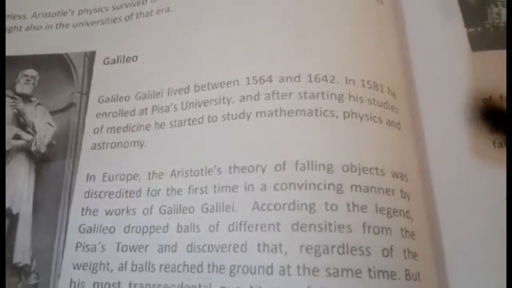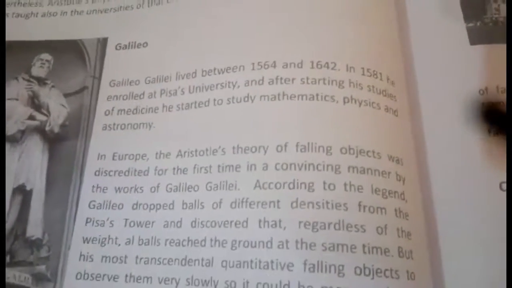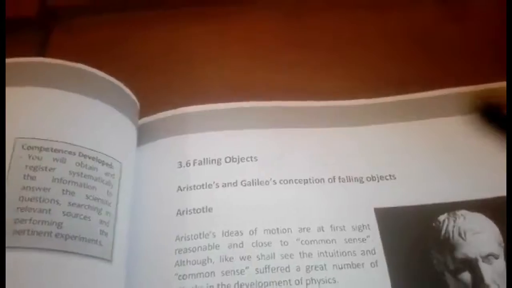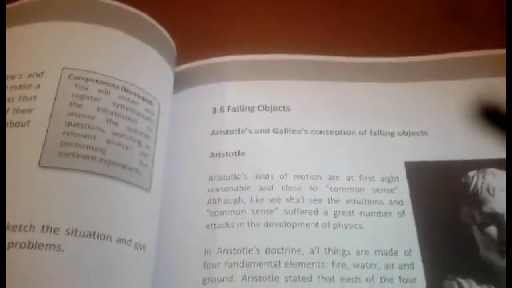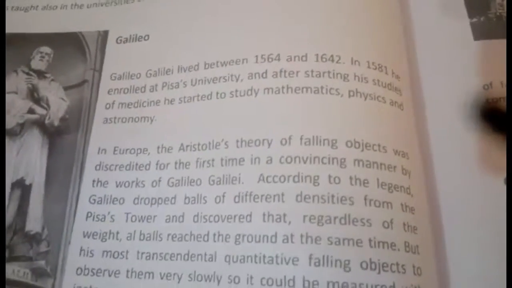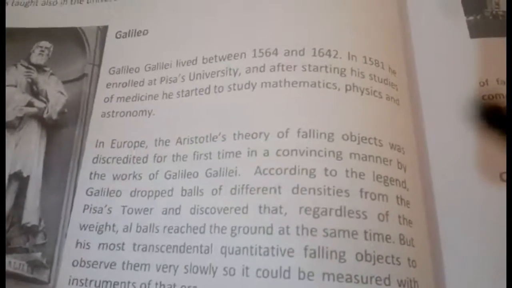In Europe, Aristotle's theory of falling objects was challenged for the first time in a convincing manner by the works of Galileo Galilei.